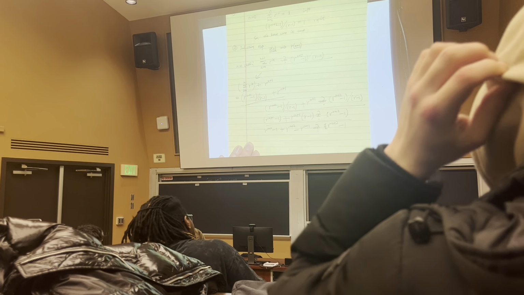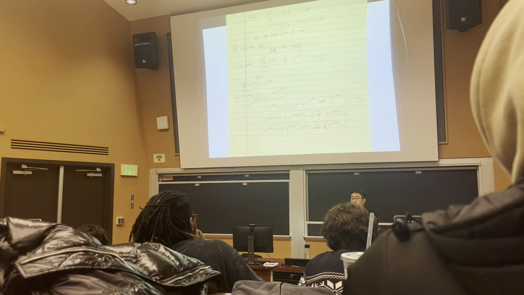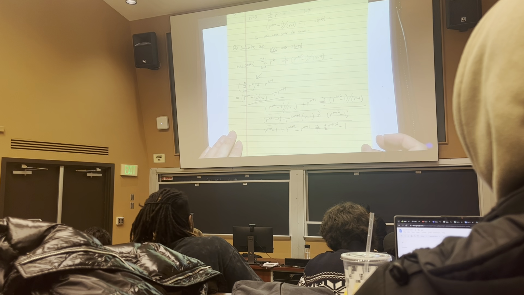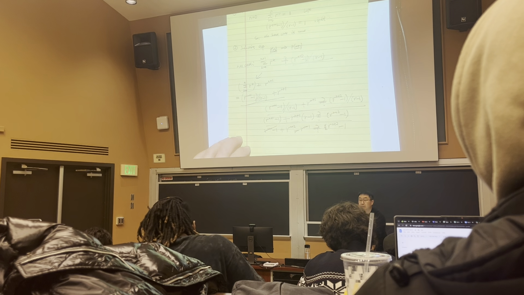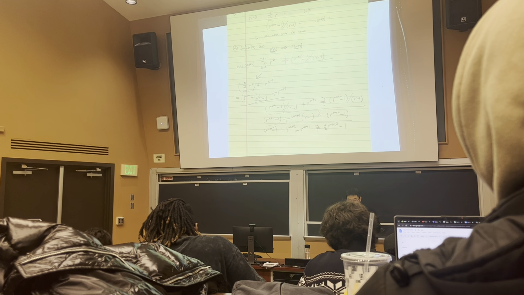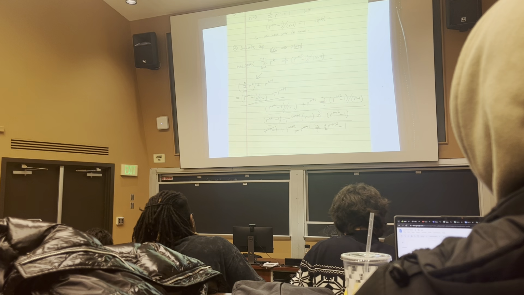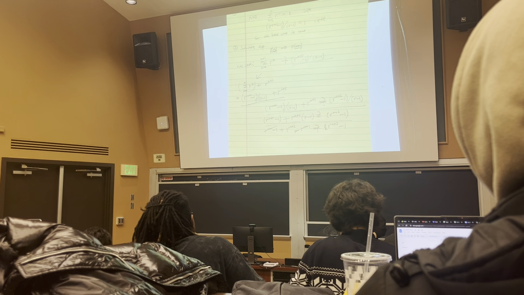Are they the same? They're the same, right? So we are done with this second step. We just get rid of this one and this one, then they're the same. So we are done.